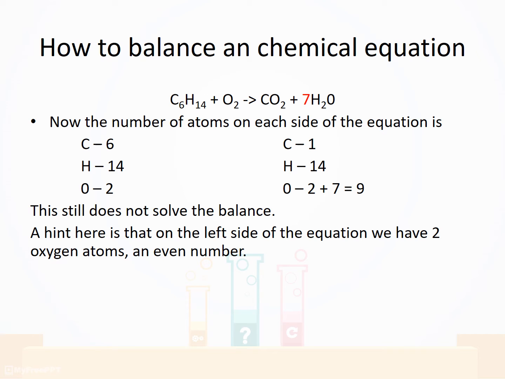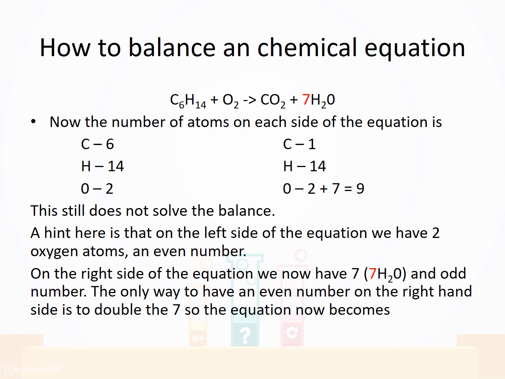We're going to change the number of oxygen in water so it's an even number. And the only way we can really do that is to double the 7 and make it 14.